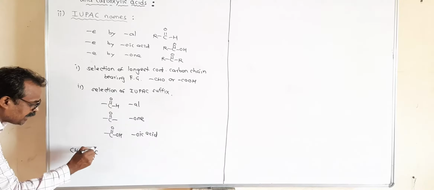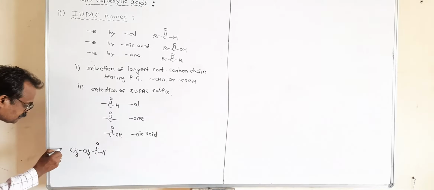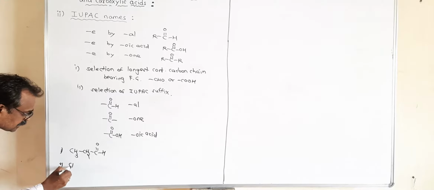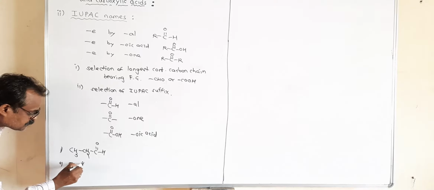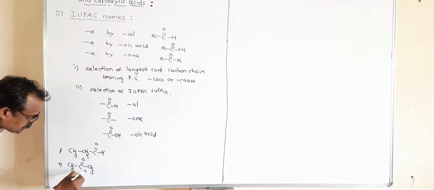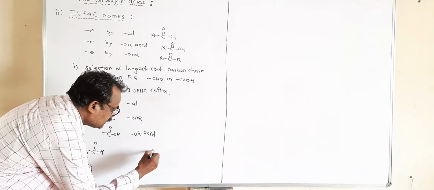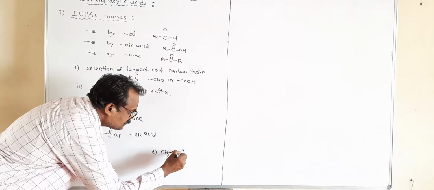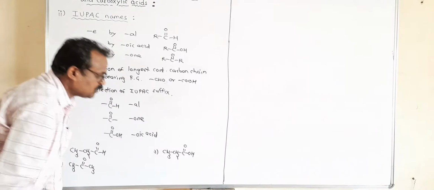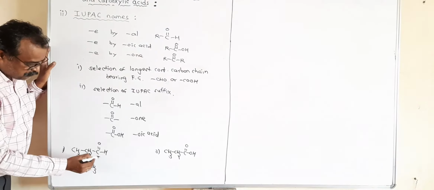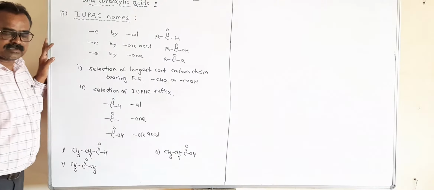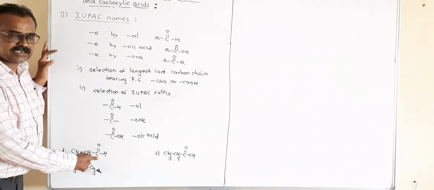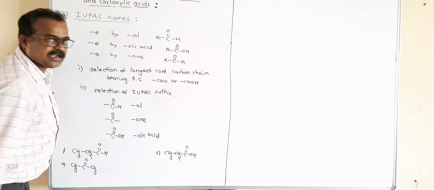For example, consider the 3-carbon aldehyde, 3-carbon ketone, and 3-carbon acid. So this aldehydic group and carboxylic group are always present at the end of the chain.